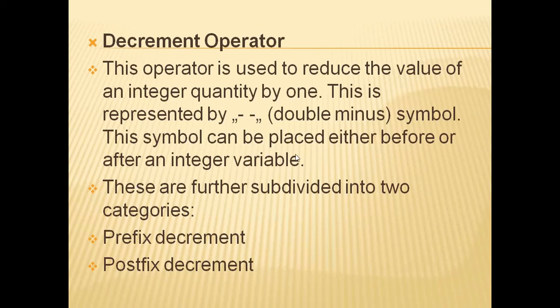And this symbol can be placed either before or after the integer variable. Similar to the increment operator, minus minus is also placed before or after the integer variable. And the decrement operators are divided into two types: prefix decrement and postfix decrement.